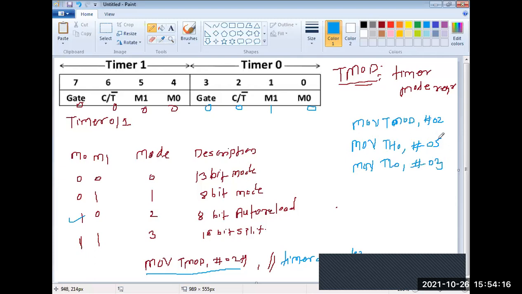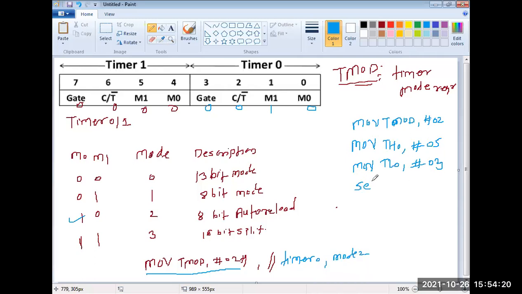Okay, you can take any value. This is the time delay. Then SETB TR0. So what is the meaning of this? Let's understand that I'm using timer 0 in mode 2 operation. How is this mode 2 seen? 0 means this part is 0 and 2 means 0010. So I'm configuring timer 0 in mode 2.